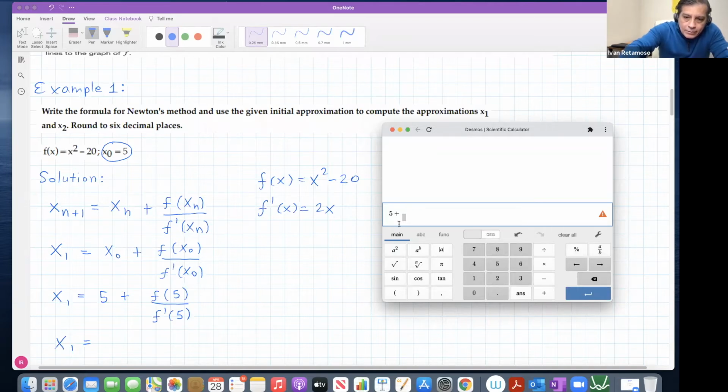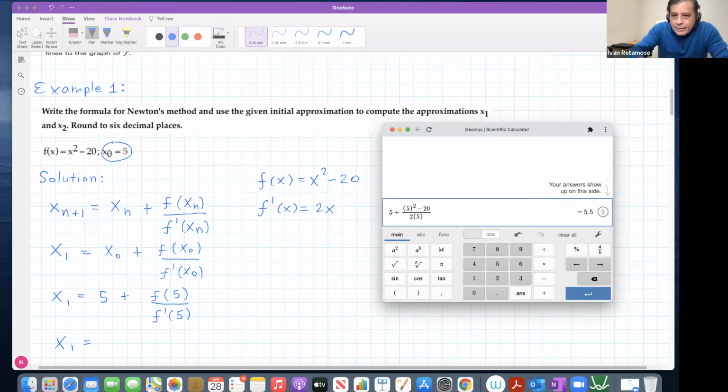So within parentheses, 5 squared minus 20. That's the evaluation of the function on the numerator, always. On the denominator, I will do the evaluation of the derivative at 5. The derivative is 2x, so the evaluation of the derivative at 5 will be 2 times 5.